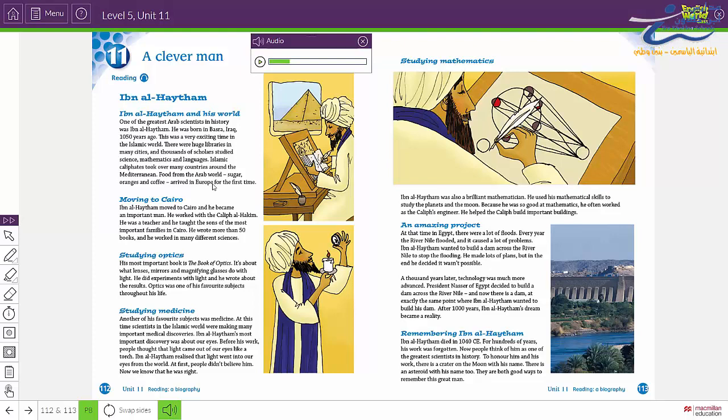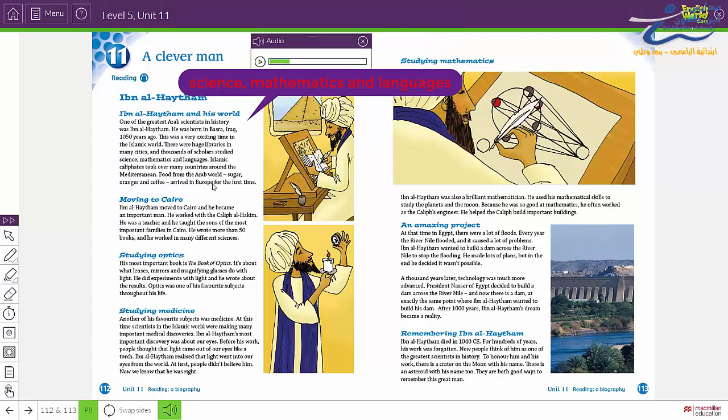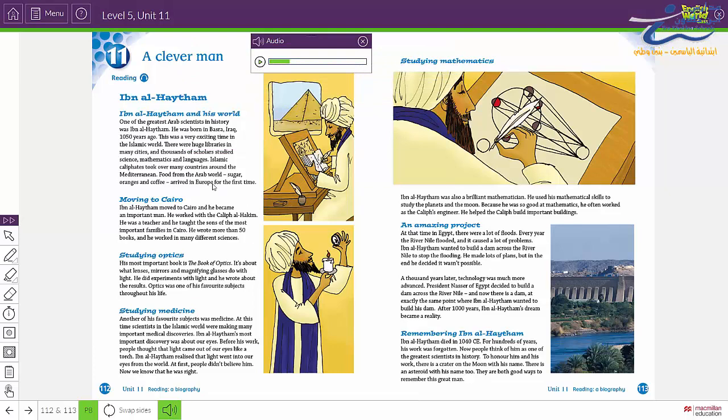What did scholars study in the Islamic world? Great. They studied science, mathematics, and languages. Question 4. What arrived in Europe for the first time? Very good. Sugar, oranges, and coffee.